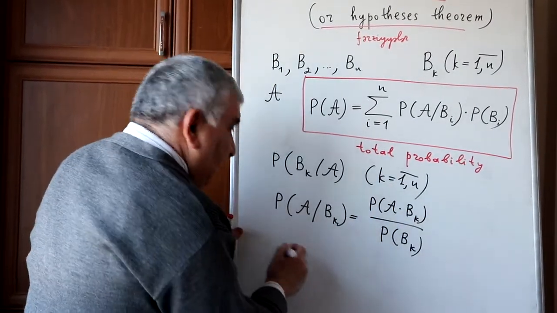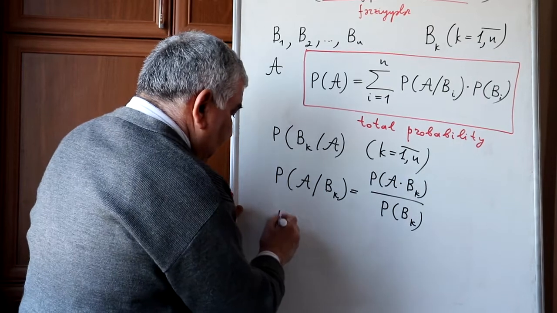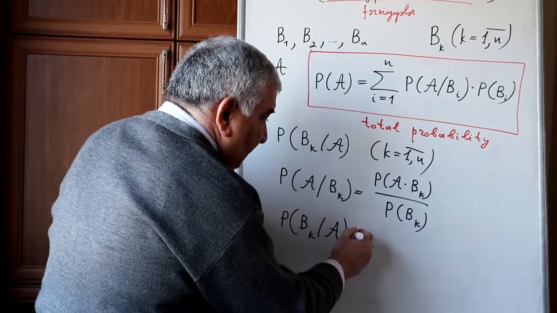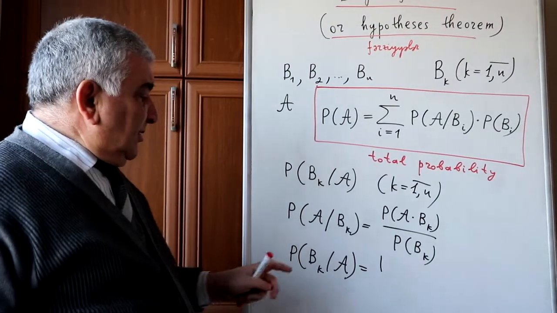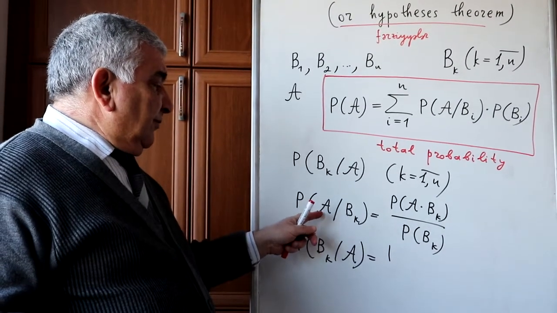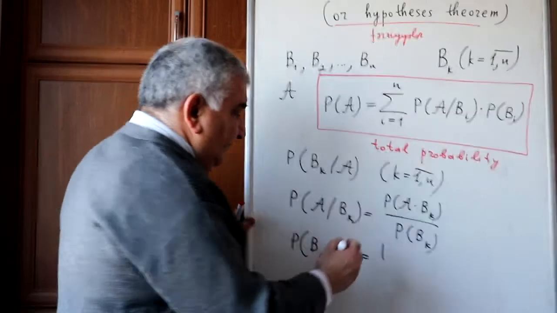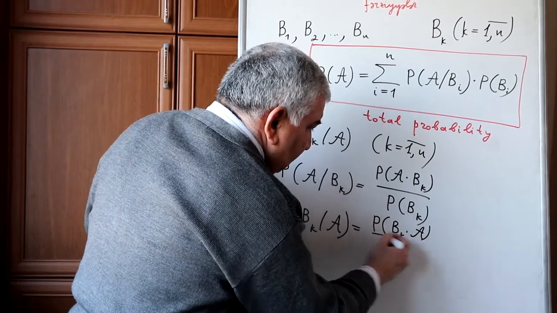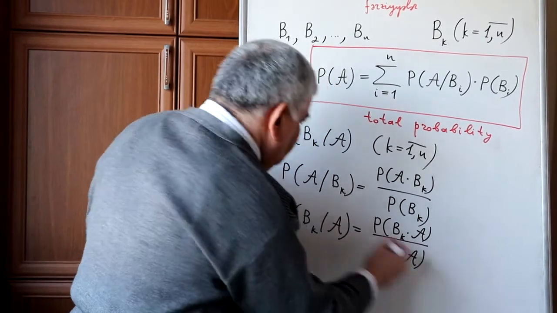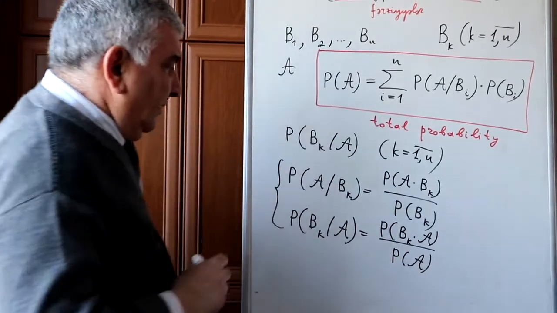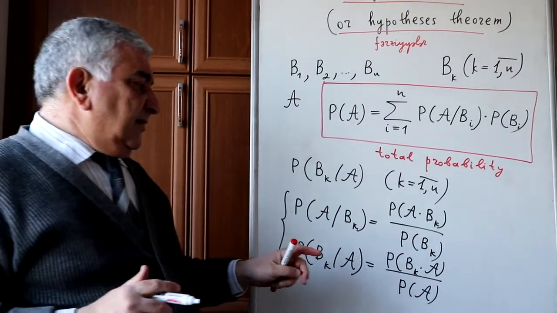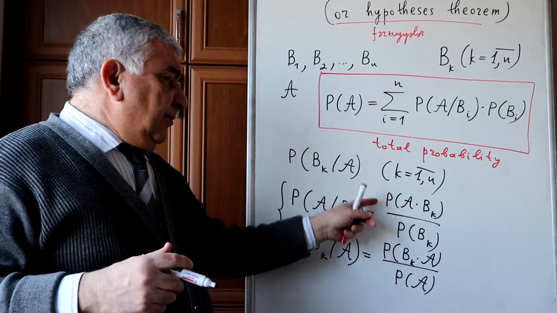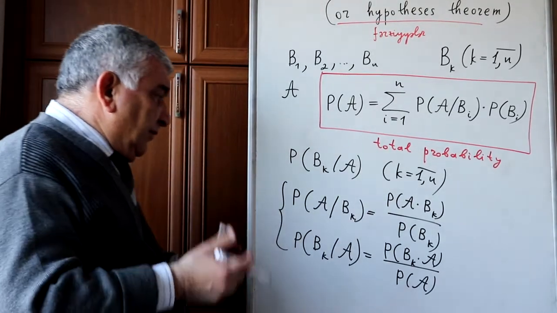And also, according to the conditional probability, we have P of Bk on the condition of A equals, here we must substitute Bk instead of A and A instead of Bk, P of Bk multiplied by A divided by P of A. We obtain the following system. Then find the superposition probabilities from both these formulas.